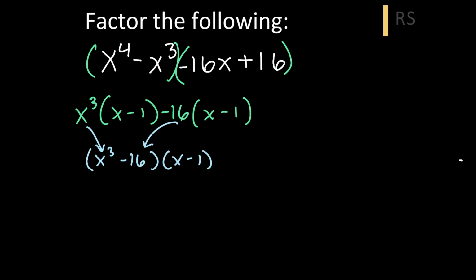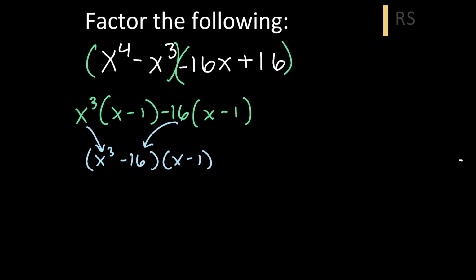How did you simplify? You pulled the GCF out. So what are you doing from step 2 to 3? You're pulling the GCF of x minus 1 out. So x minus 1 really would be written in front because it's our GCF. But does it matter? No. So we can write it like this.